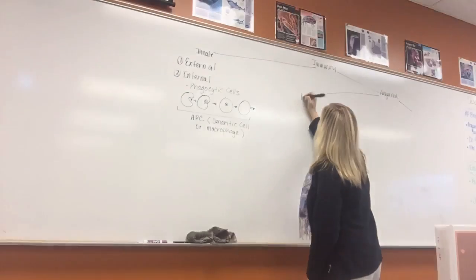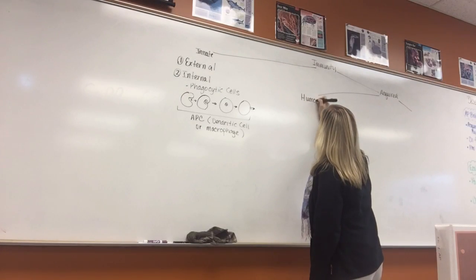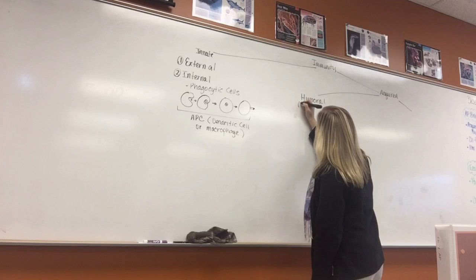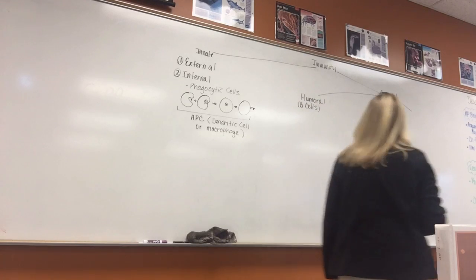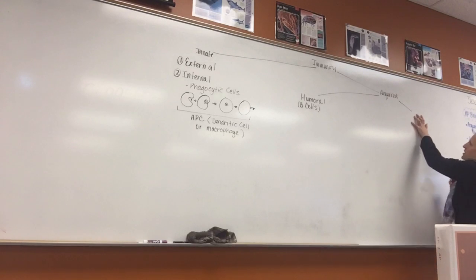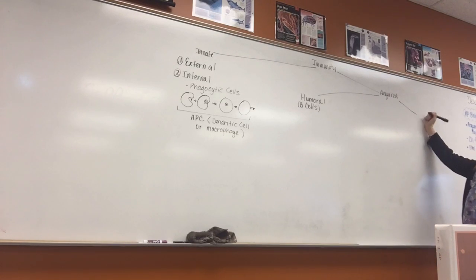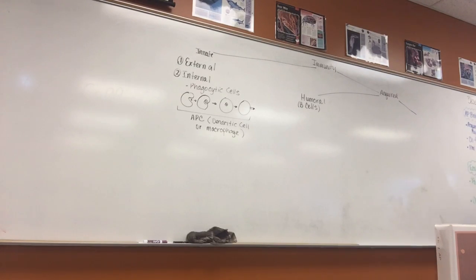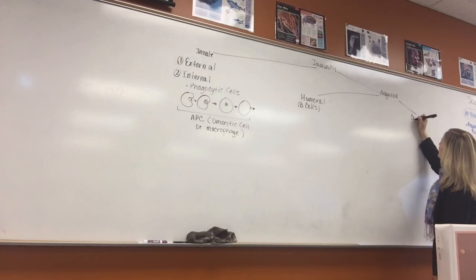So, yeah, here. I'm going to put in parentheses, this is involving B cells. And then the other part of our acquired immune system is called something else. Cell mediated.